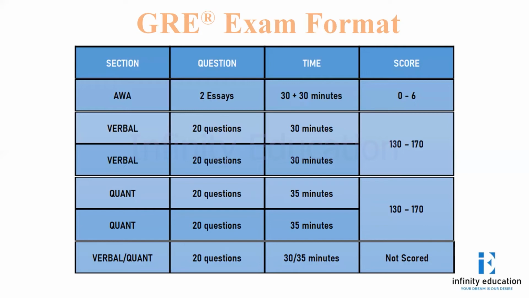What exactly matters is the 40 odd questions for verbal and 40 odd questions for quant. Whatever we perform on these, I get a score out of 130 to 170 for verbal and the same for quant. These 2 scores get added to give me a total score out of 340.